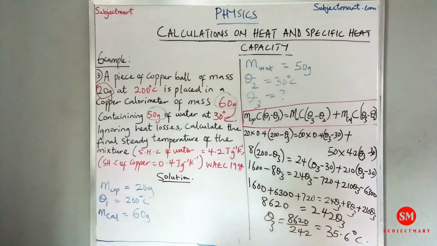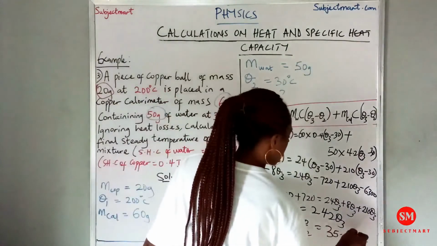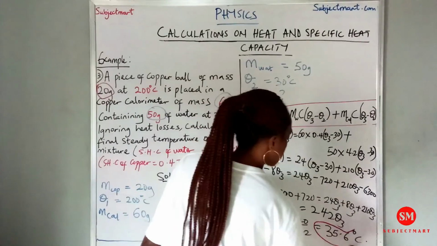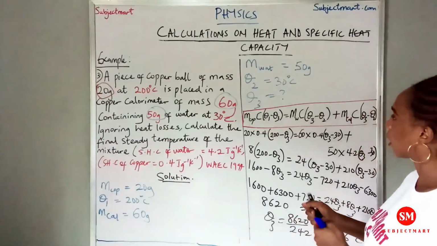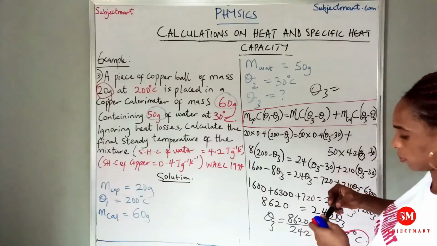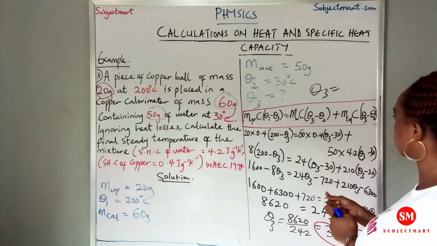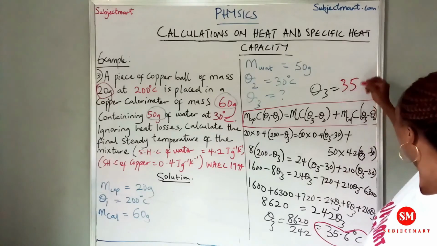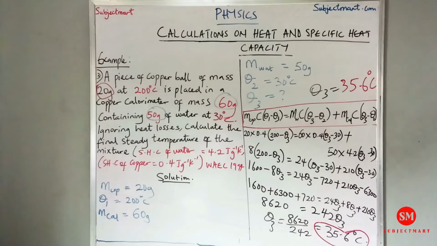So our theta 3, which is the final steady temperature of the mixture, is equal to 35.6. So we come back here and write our value, which is theta 3 is equals to 35.6 degrees C. So I want to believe that is very, very well understood.